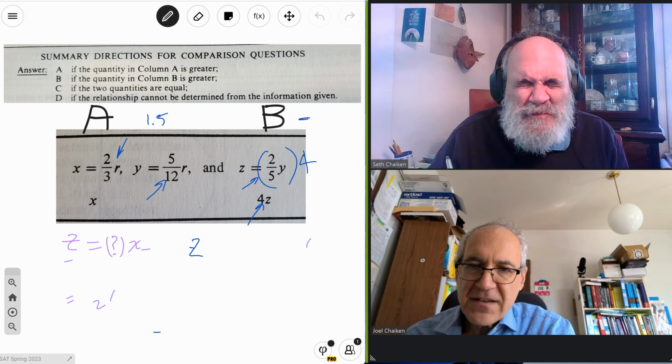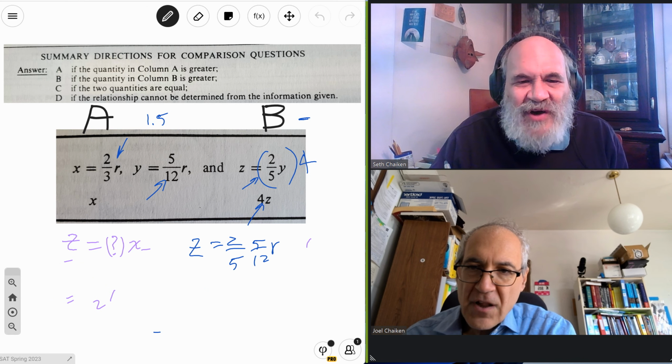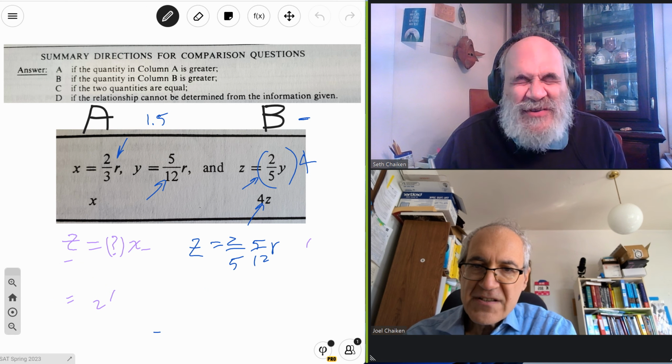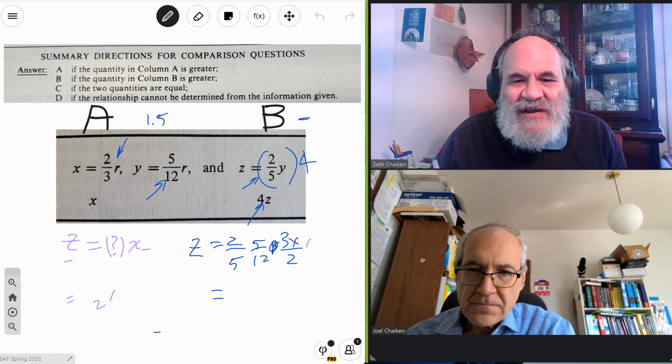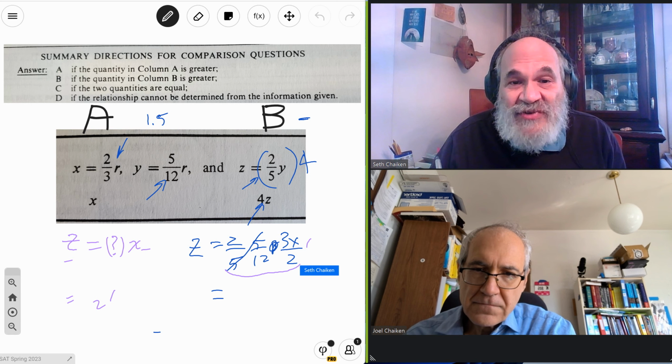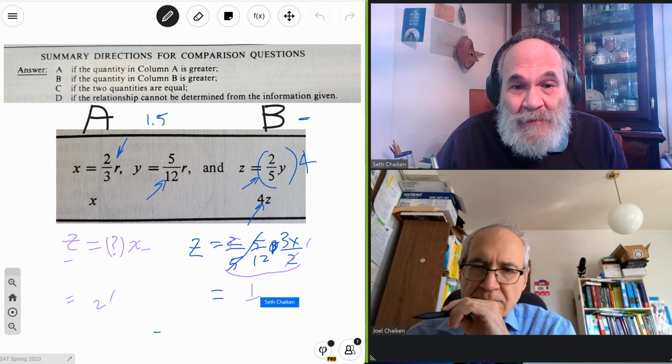You said Z was 2/5 Y, but Y is 5/12 R, and then I solved for R. R is 3X over 2. So this is what Z is. Then this ratio simplifies to a quarter.